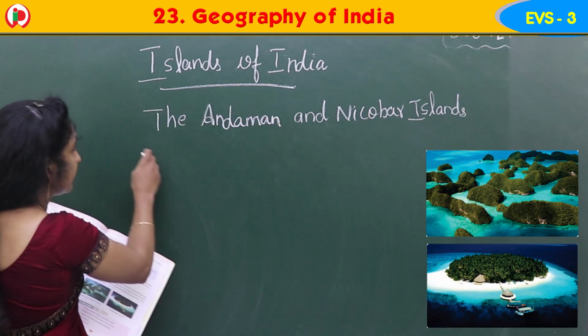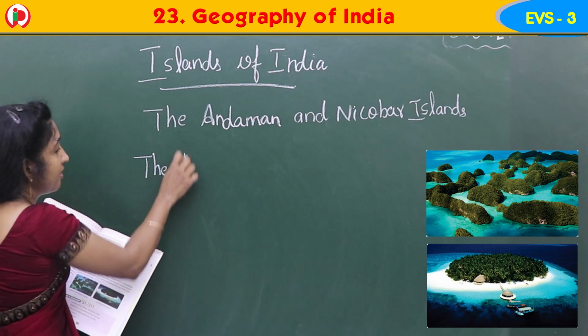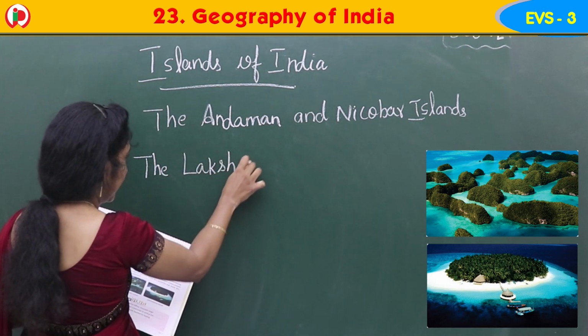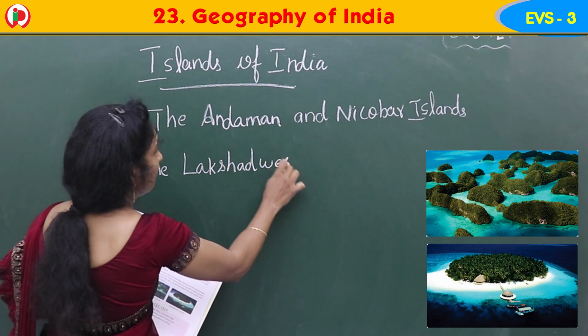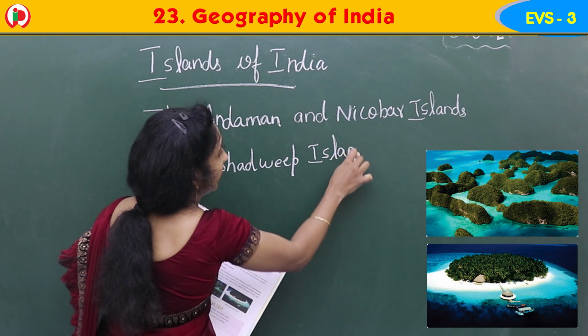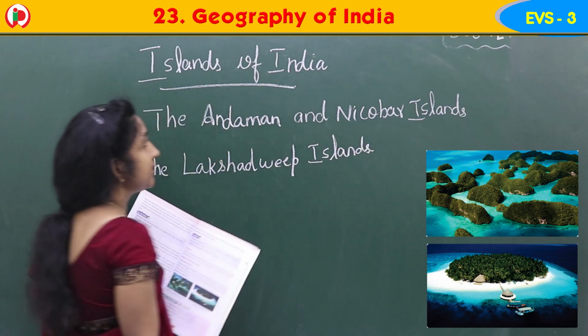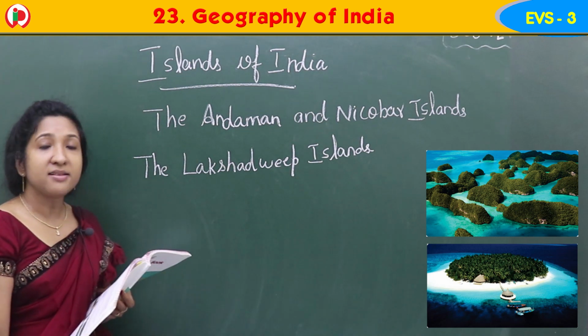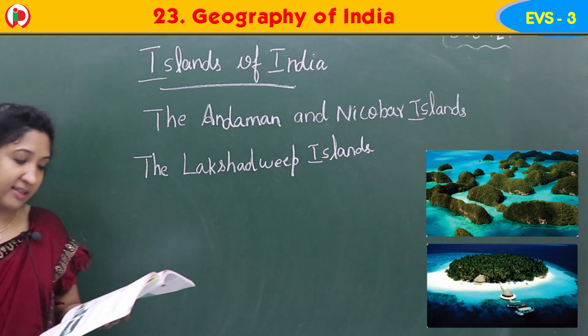The second one is the Lakshadweep Islands. In India we have 2 island groups mainly, that is Andaman and Nicobar Islands and the Lakshadweep Islands.